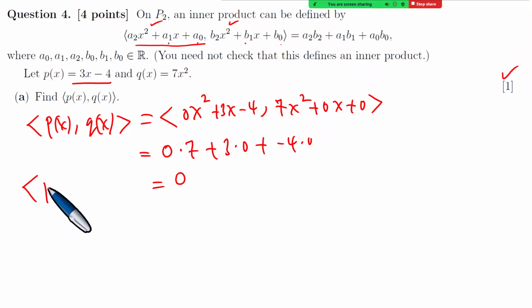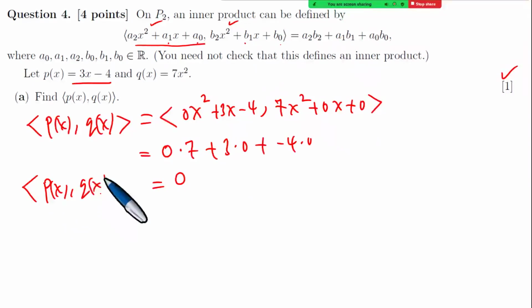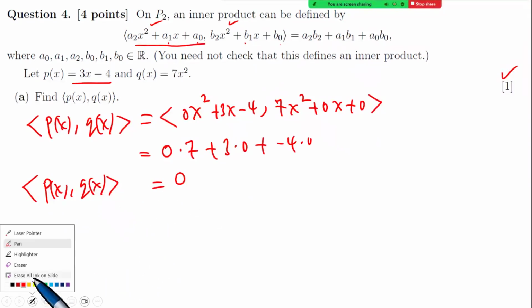So the inner product of Px with Qx, you can write it's 0.